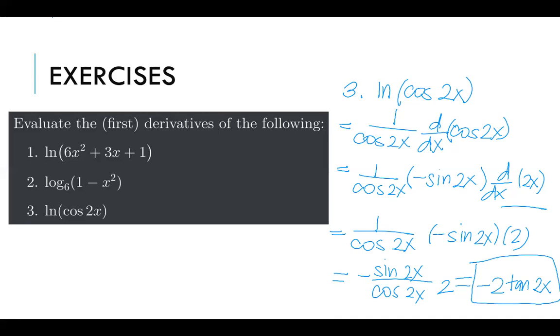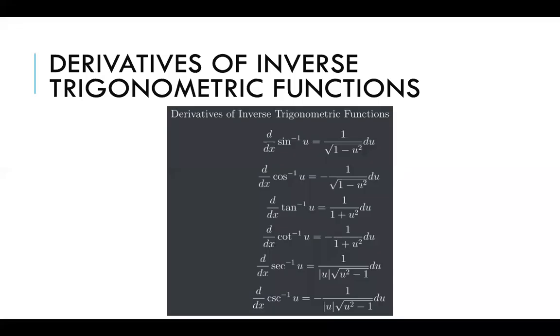Now, we will move on to the second last differentiation group, which is the inverse trigonometric functions. Now, for our third function, we have the derivatives of inverse trigonometric functions, which is sine negative 1 u. This is called arc sine or inverse sine, but I would call them arc.